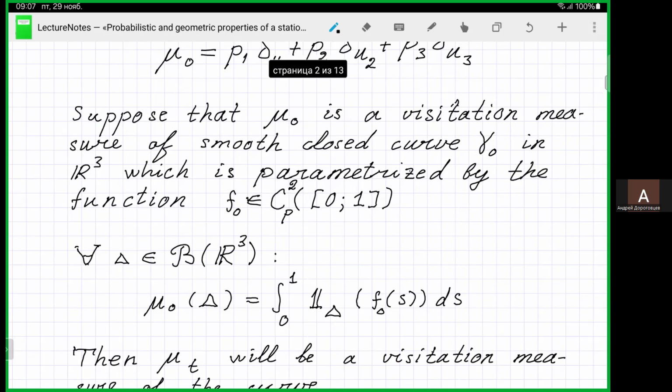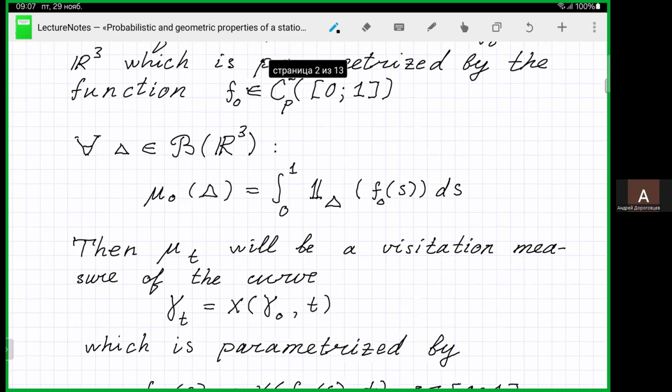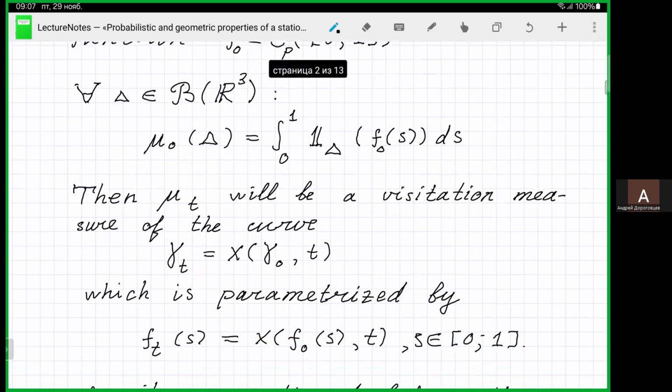Then mu_t will be a visitation measure of the new curve gamma_t, which is just the image of the initial one. In this way, we define the motion of the curve in the space.